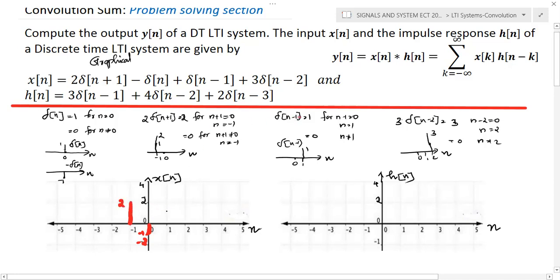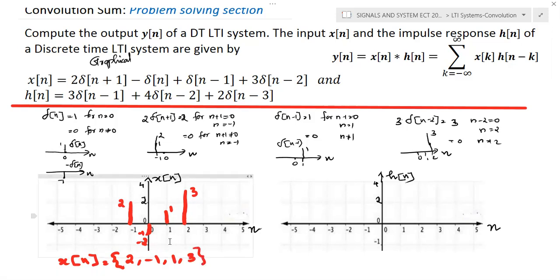And if you consider del of n minus 1, which exists at n equal to 1, and the magnitude is 1, so here you can plot another signal. And at n equal to 2, the signal amplitude is 3. So you will get x of n. Or I can write this x of n in another way, which we used in the previous problem, as a set. Here you can indicate 2, -1, 1, and 3.